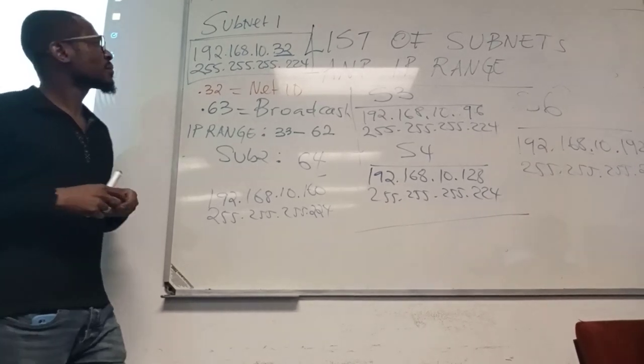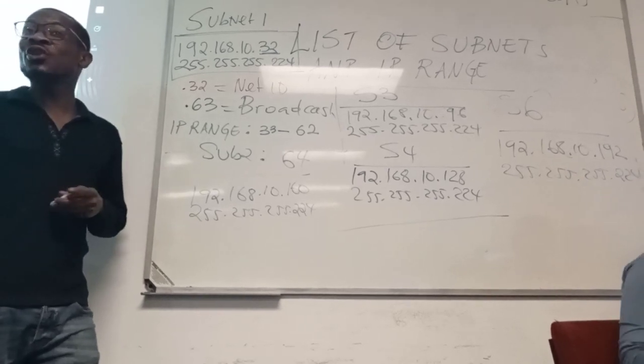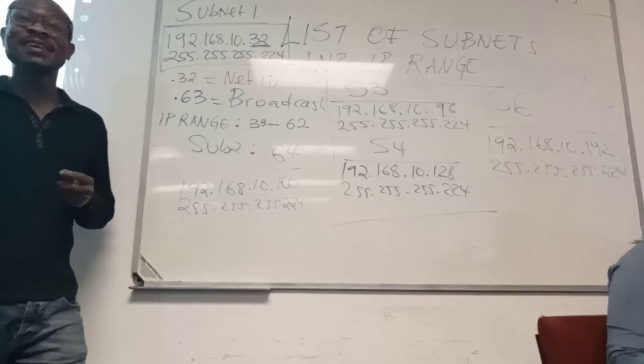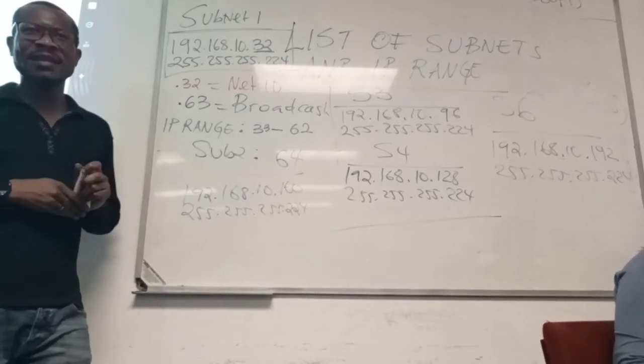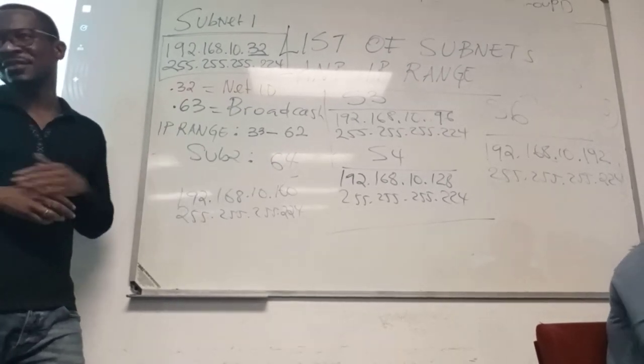The same as that one, you remember the dot 0? Dot 0 to 31. You can go from 0 to 31. Right? You remember? So this is how you can split your networks.